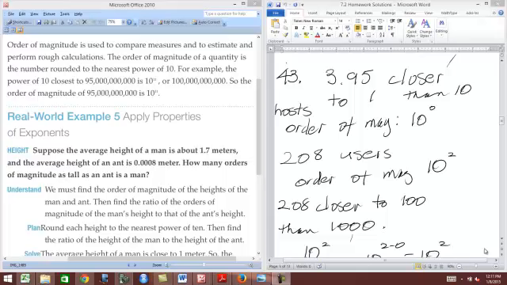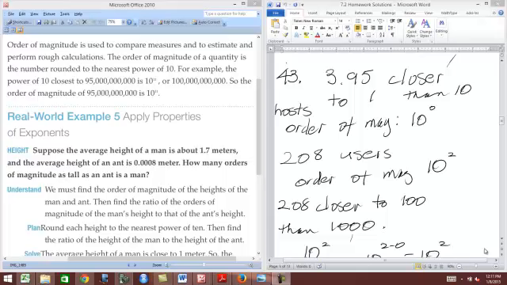So in the example, they want to compare the height of a man to the height of an ant. The average height of a man is about 1.7 meters, which is pretty close to 1 meter. So we would say the magnitude of a height of a man is 10 to the 0. That is 1 meter.